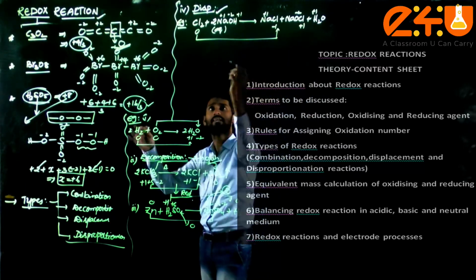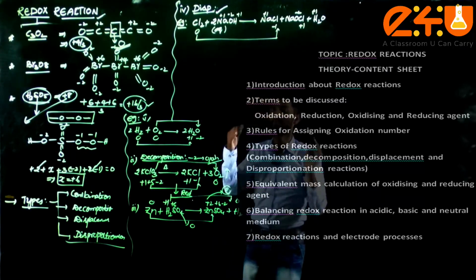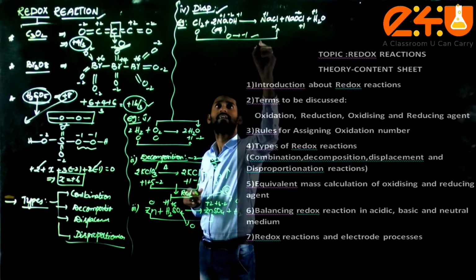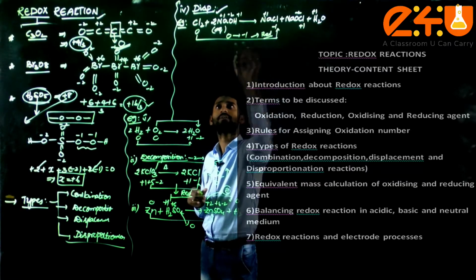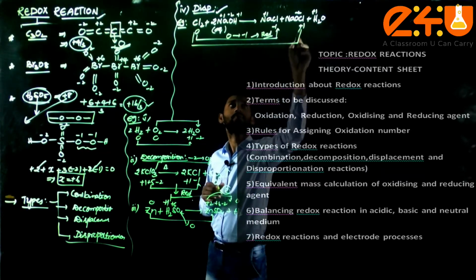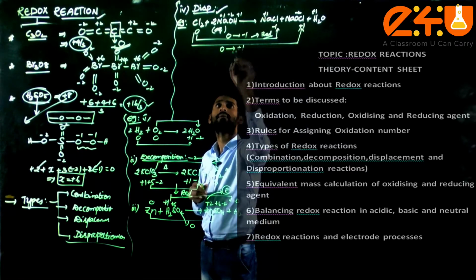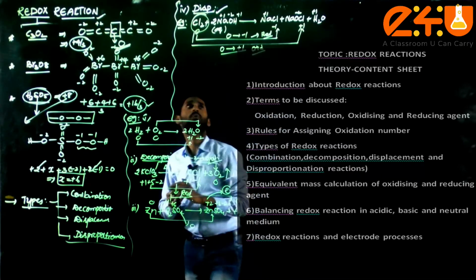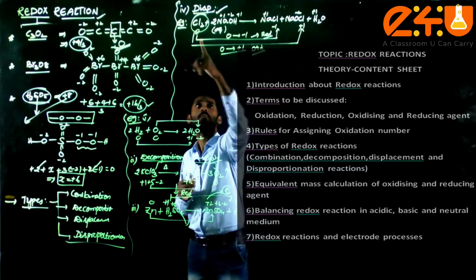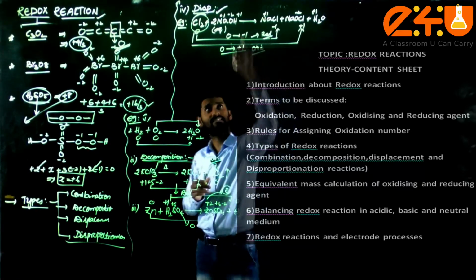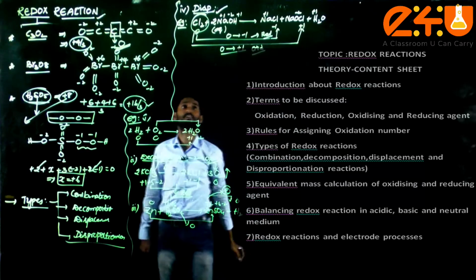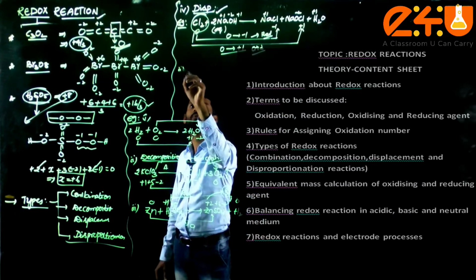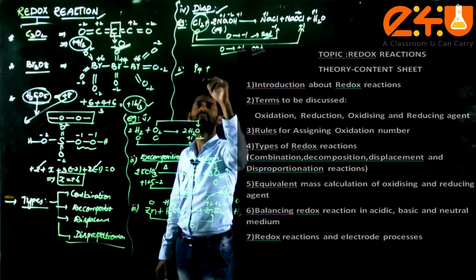Except chlorine, all the elements maintain the same oxidation number. 0 to -1 is reduction. The same 0 to +1 is oxidation. The same element exhibits both oxidation and reduction in the same reaction, which is known as a disproportionation reaction.